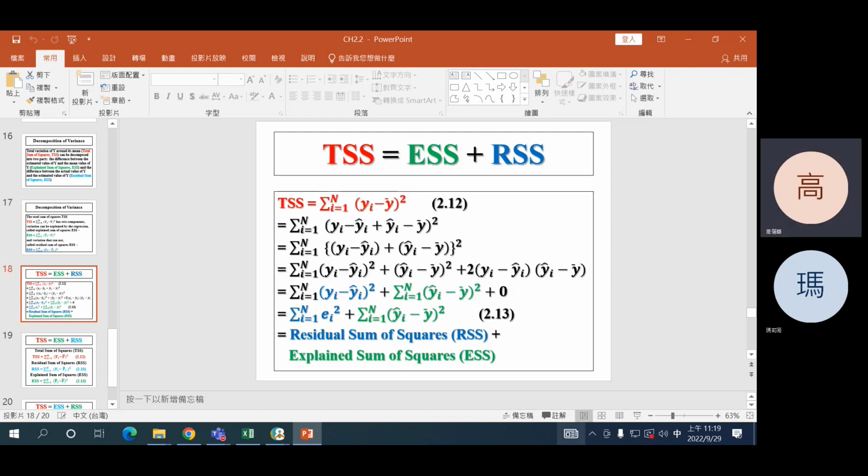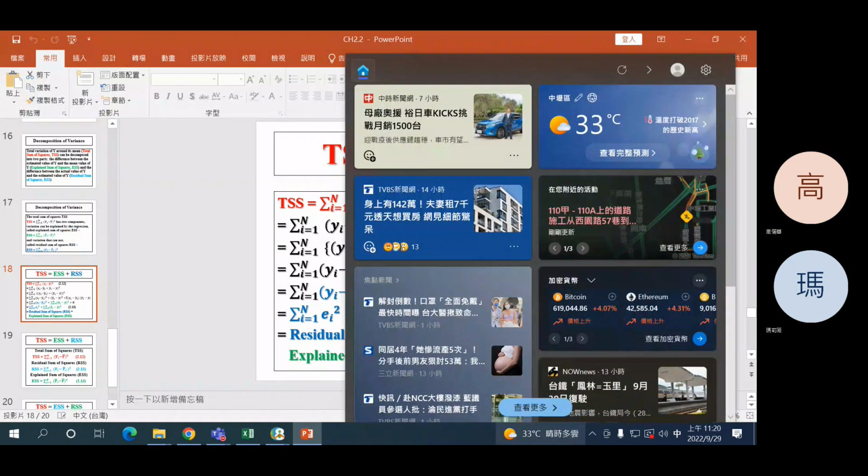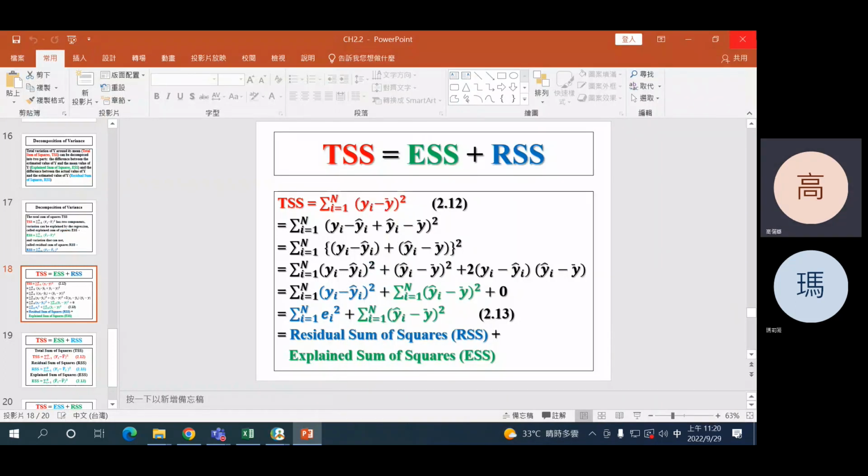Look at the definition of the TSS, which is equal to yi minus y bar. Look at the second equation. Does anybody see something different between the first one and the second one?